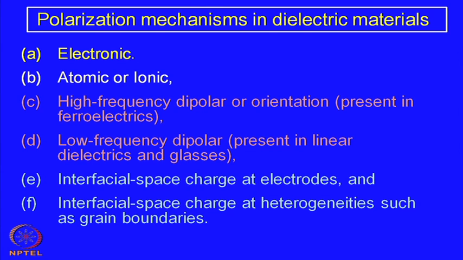For the space charge polarization also, we have 2 different categories. One is the interfacial space charge at the electrodes, which we have discussed, and just like the electrolyte is an interface, the grain boundary region, particularly in polycrystalline ceramics, also plays a part so far as the interfacial polarization is concerned.